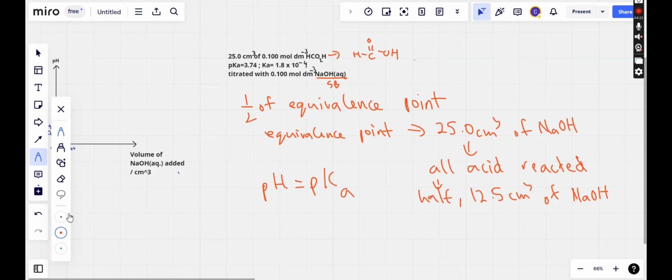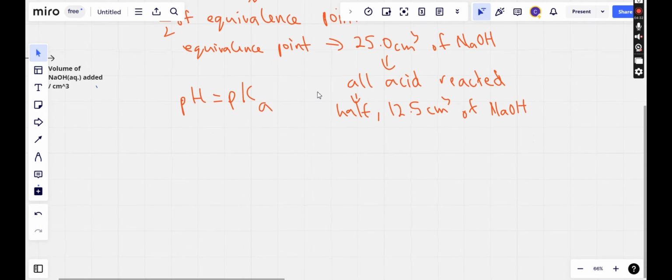For this, you can remember it, which I think most of you will be able to. You could just immediately write down the answer, but let's go through the calculation together. So again, the Henderson-Hasselbalch equation.